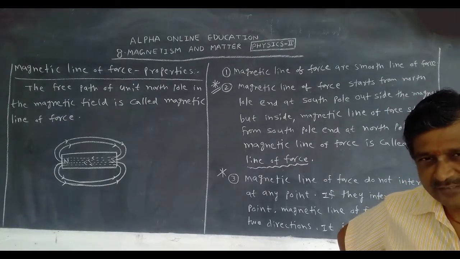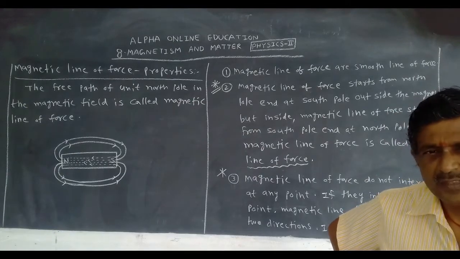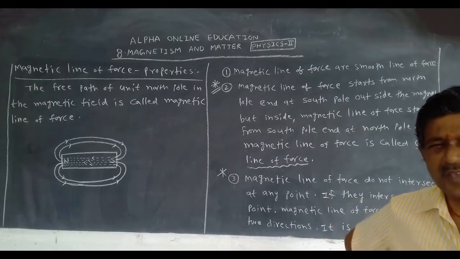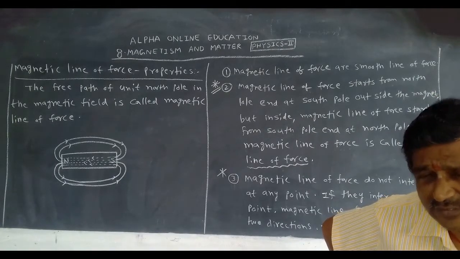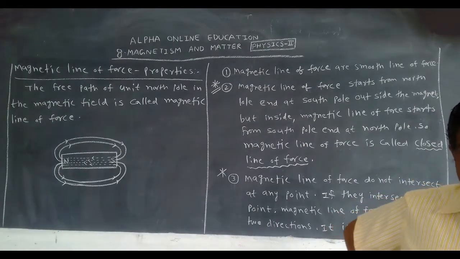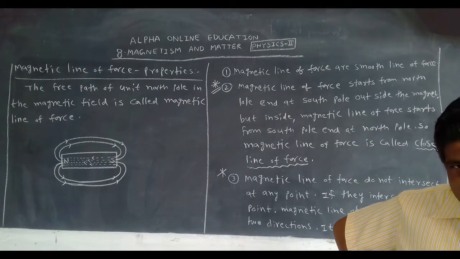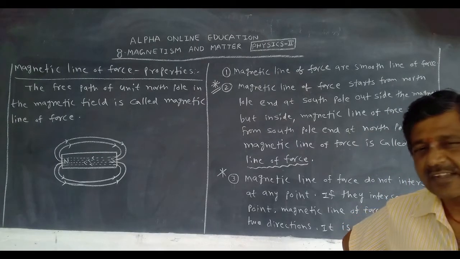Listen carefully, one more question. Electric line of force is not a closed line of force, but magnetic line of force is a closed line of force. Why? It starts from north pole and ends at south pole outside the magnet, and inside the magnet starts from south pole and ends at north pole.